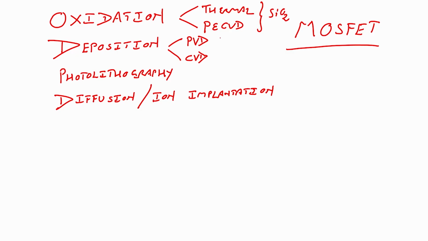In physical vapor deposition we have seen 3 types, one is thermal evaporation, second is E-beam evaporation, and third one is sputtering.